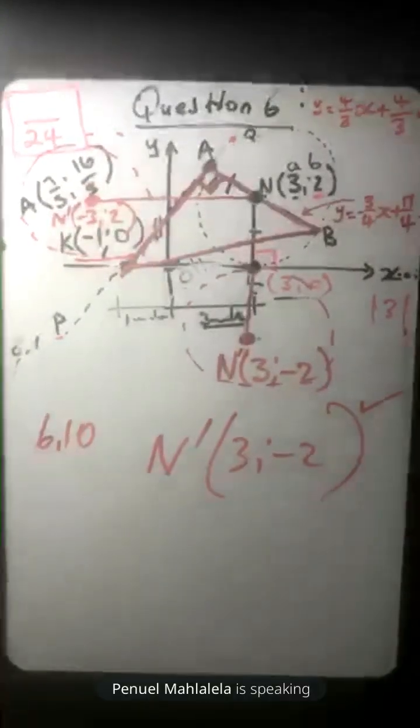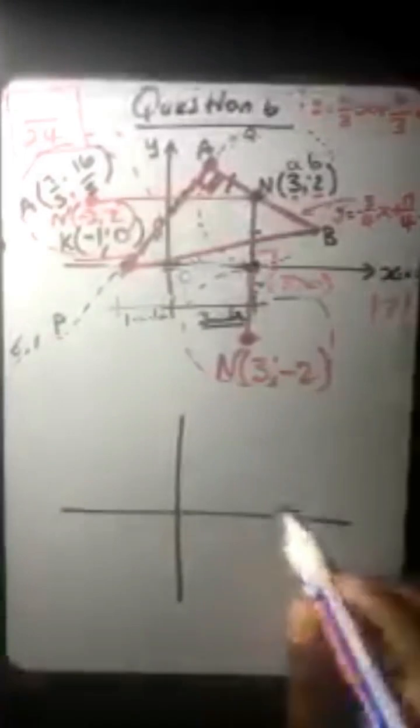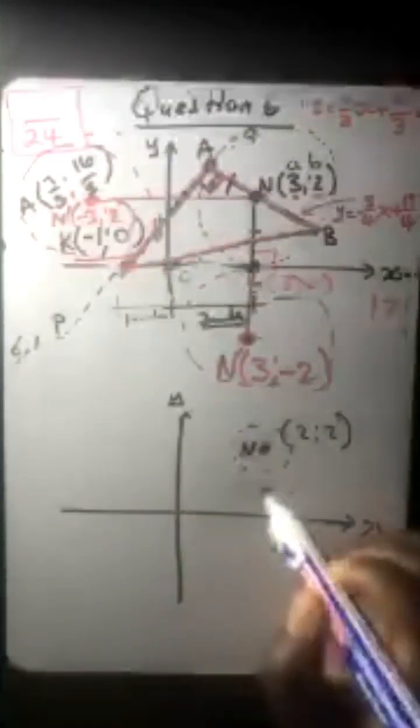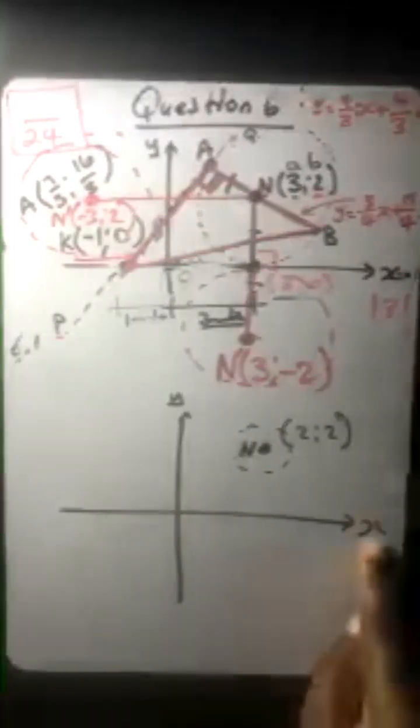Okay, so very quickly, 6.10, let me explain the last one, and then from there I sign out. With regards to the last one, if you have a point there, let's say this point is (2, 2), it doesn't matter whether around that point you have a circle or not, they are talking about that center. If they say it's reflected about, you ask yourself, about what? Is it about the x-axis or the y-axis?